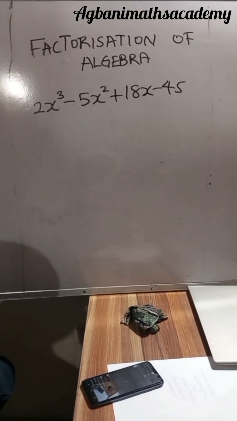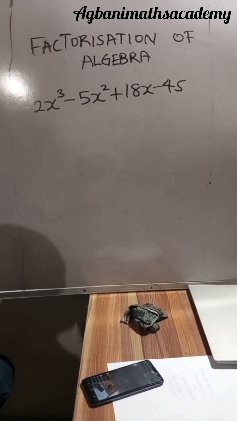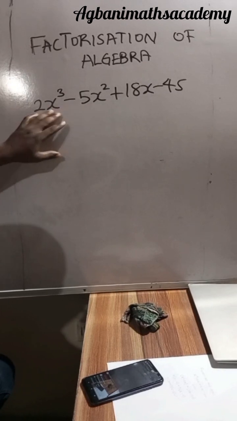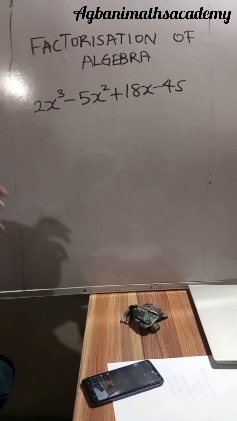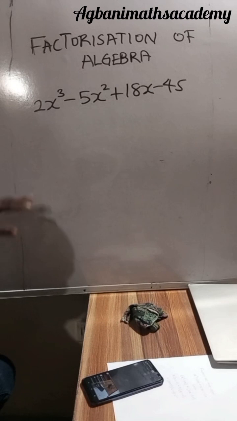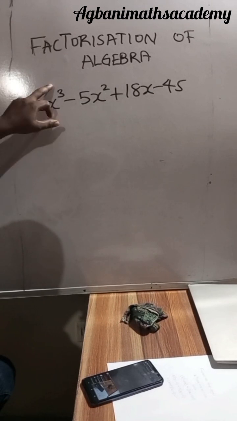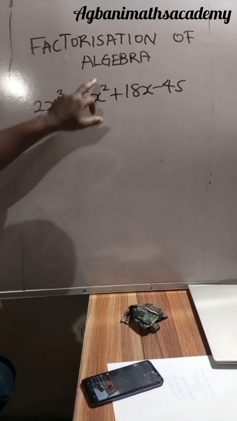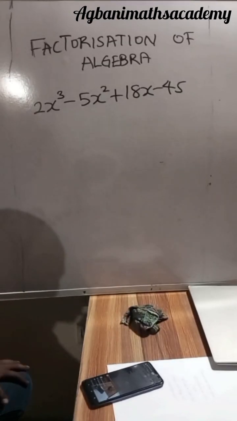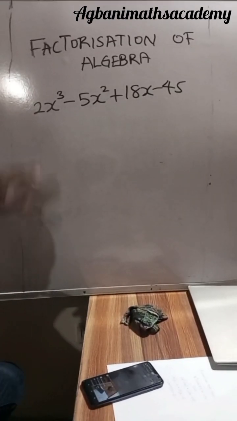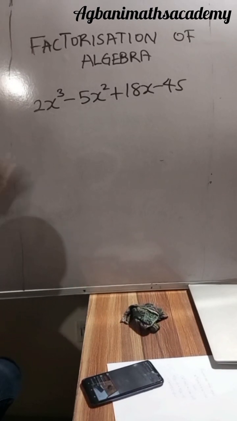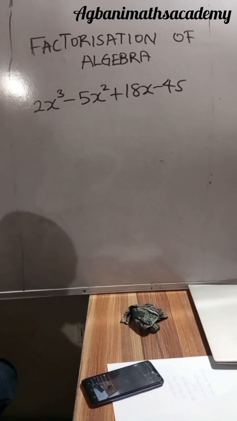Now, I also said that for you to pick a set of algebra as one group, you must ensure that they have something in common. Now, looking at this, 2x raised to power 3 minus 5x raised to power 2, do they have something in common? Is there anything you can see here that you can also see here? Yeah, can somebody tell me what you can see here and here? 2x power 2, okay?